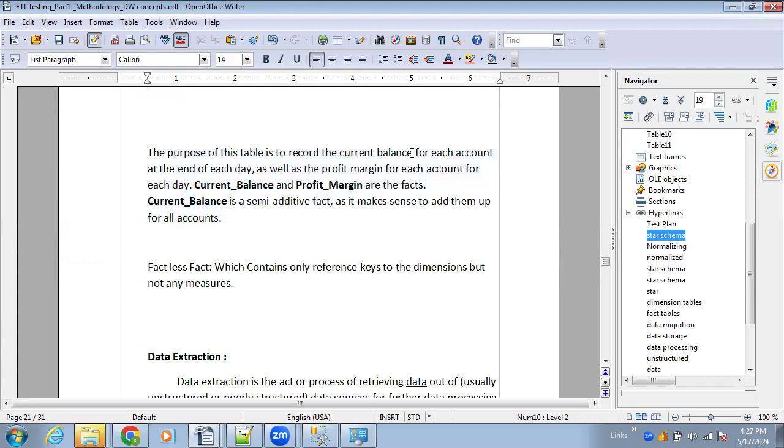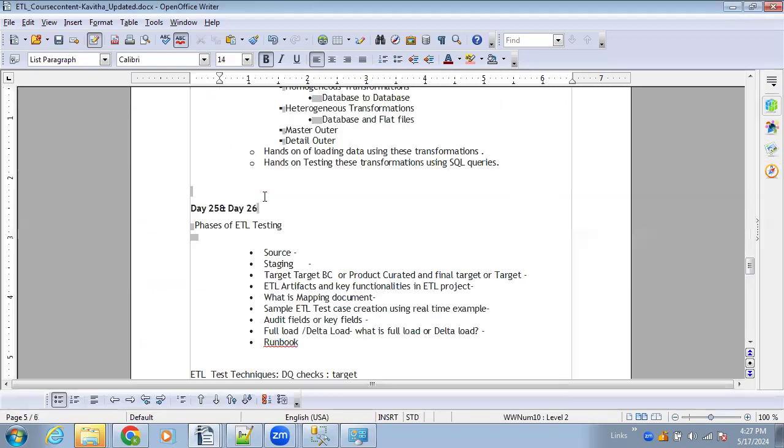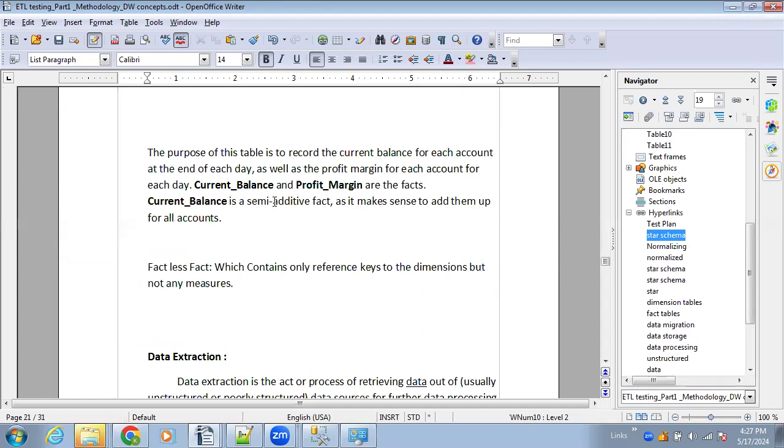The current balance for each account at each day are the facts. Current balance is a semi-additive fact. If you take profit margin and current balance, why is it a semi-additive fact? It does not make sense to sum it up for all the accounts. Current balance is not an additive fact, and fact_sales is a semi-additive fact.